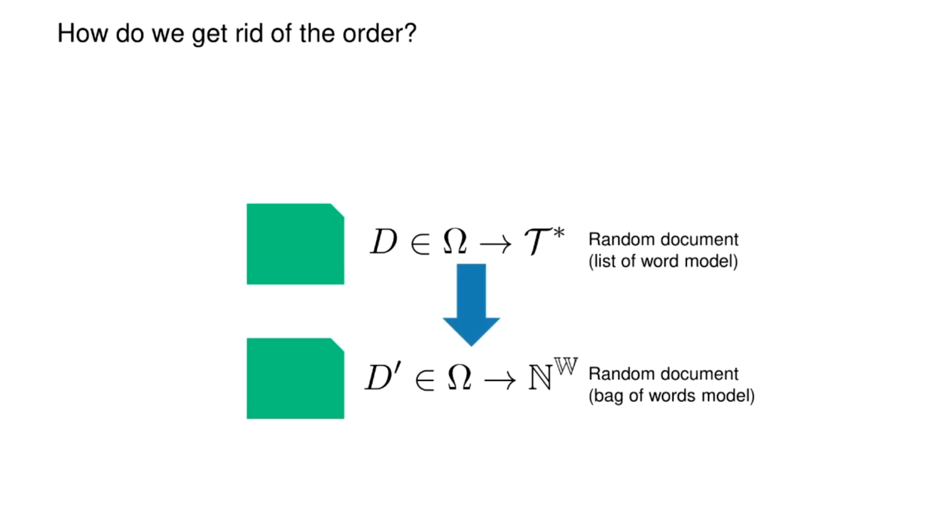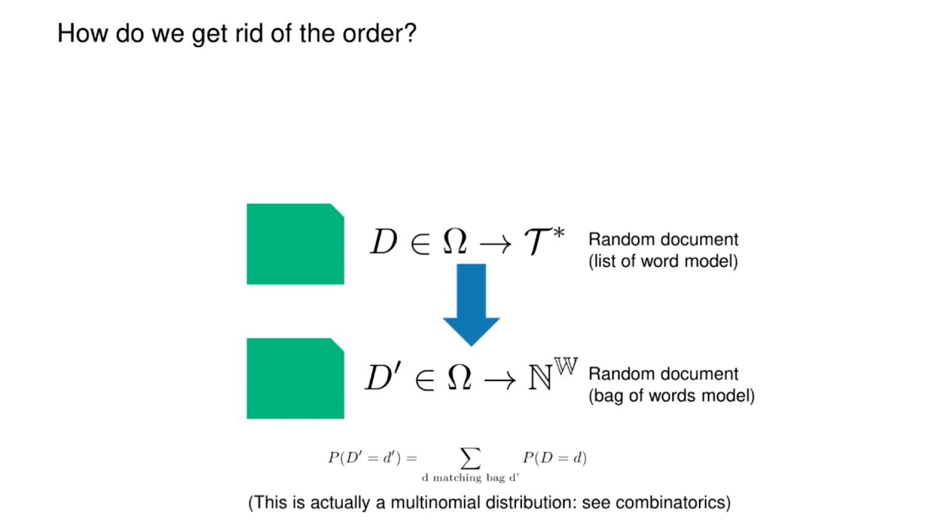We forget the order. And so what that means is that if you have, for example, a document, let's say information retrieval lecture, which doesn't have any order, it just means that's the bag where information appears once, retrieval appears once, and lecture appears once, and we don't care about the order.